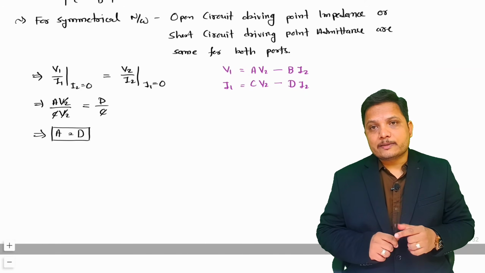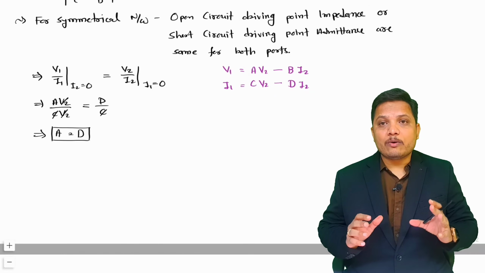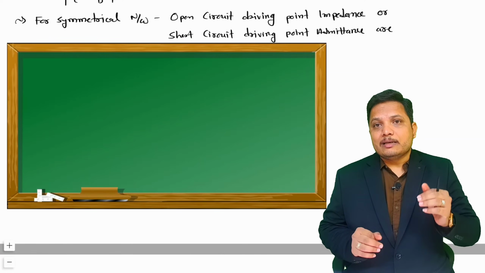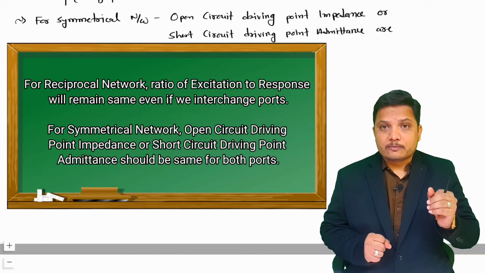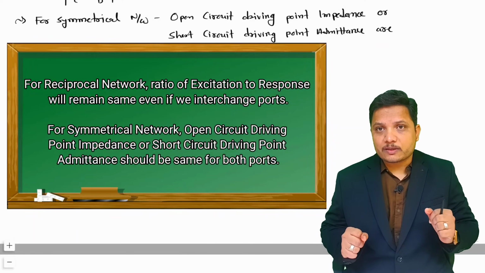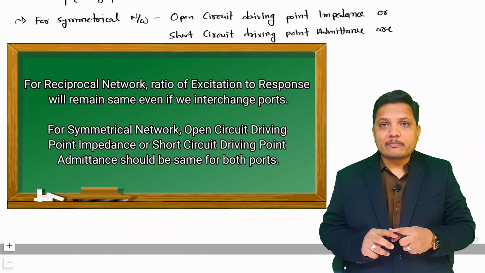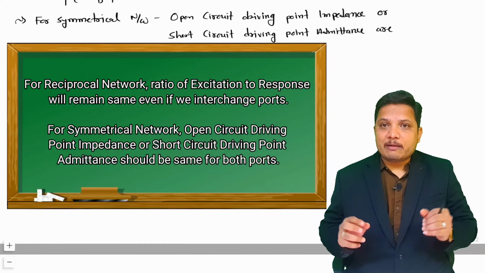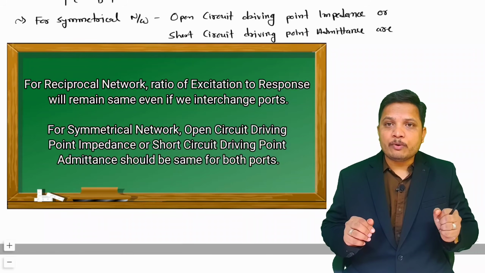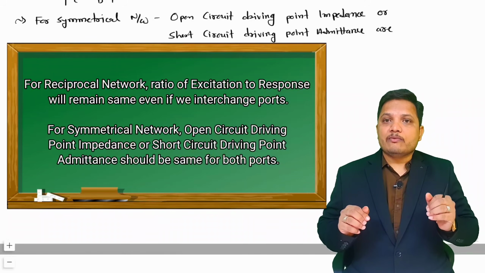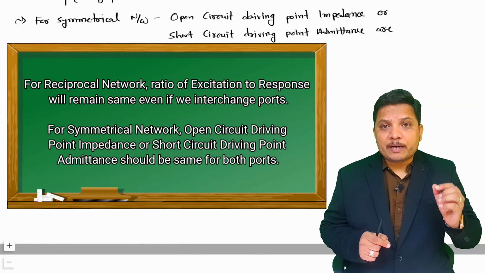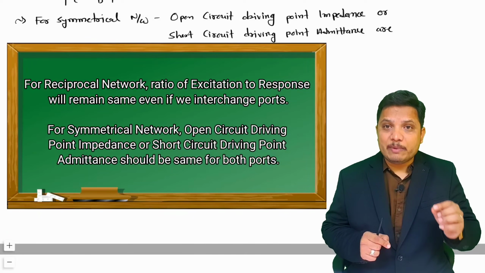So my dear students, whenever you want to derive conditions for a reciprocal network, you should remember this: the ratio of excitation to response will remain the same even if you interchange the ports. And for a symmetrical network, the driving point impedance at both of the ports should be the same, and the driving point admittance for both of the ports should be the same. For better understanding, you should consider the open circuit driving point impedance and short circuit driving point admittance.